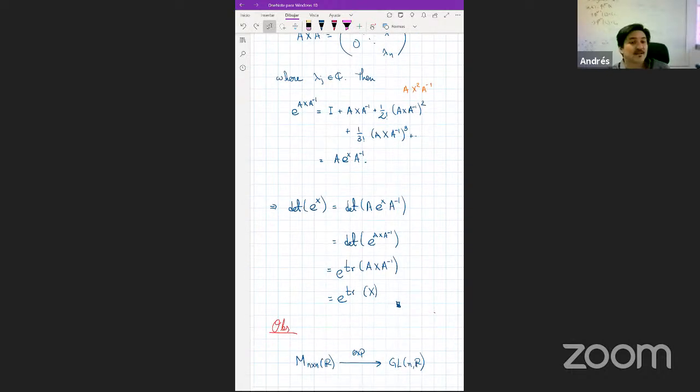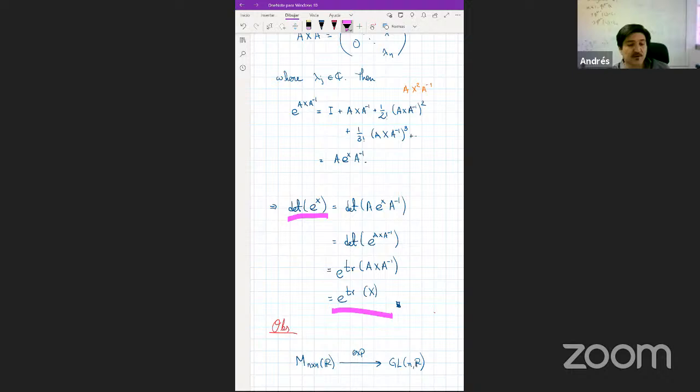So this result, remember, is telling me that the determinant is always positive. It's always a positive number.